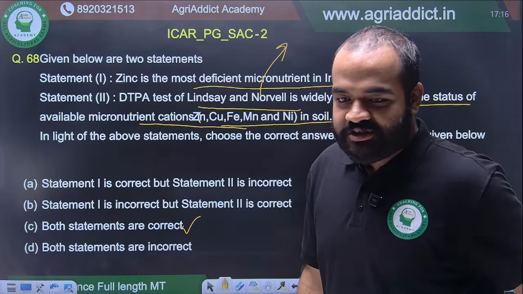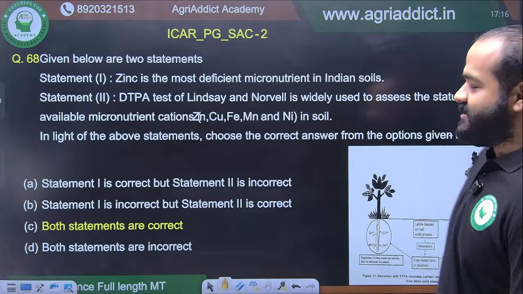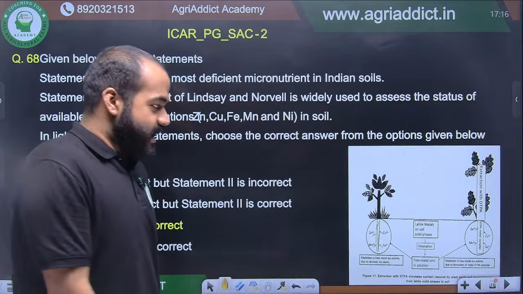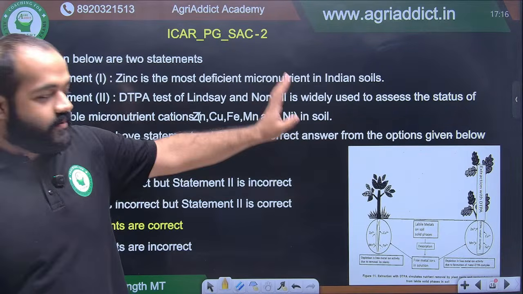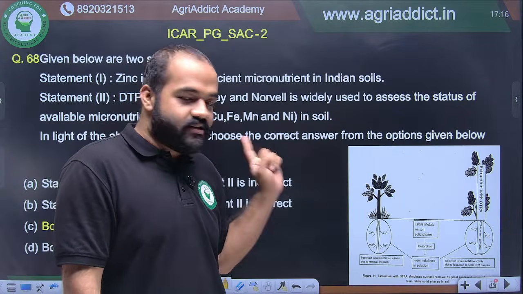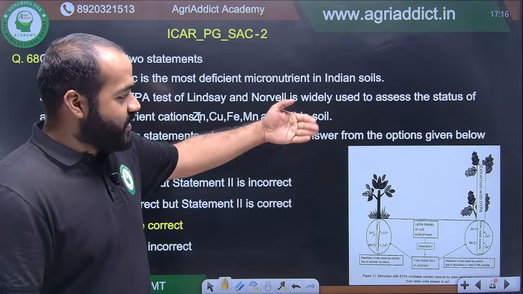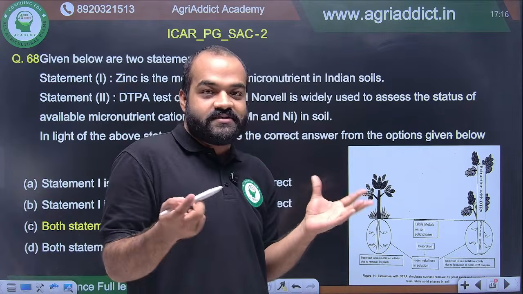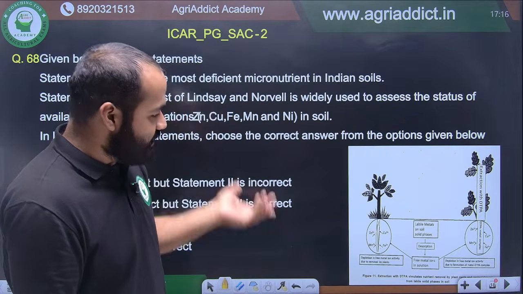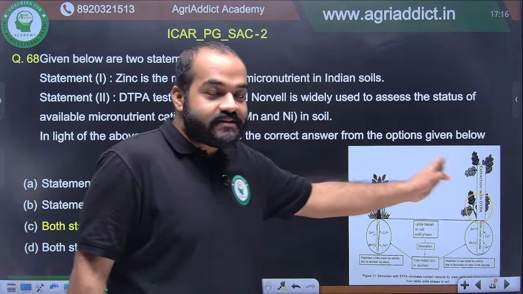Our question setter has done some. So yes, of course you are correct. Both statements are correct. Here I have taken this photograph specifically because you should understand it and go and read it in the old ISSS. It is there in the micronutrients chapter only, where it says the principle of this DTPA extraction test, where Lindsay and Norvell use DTPA, which mimics the plant.